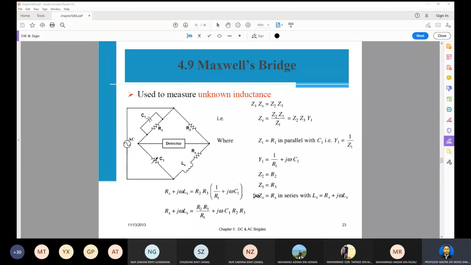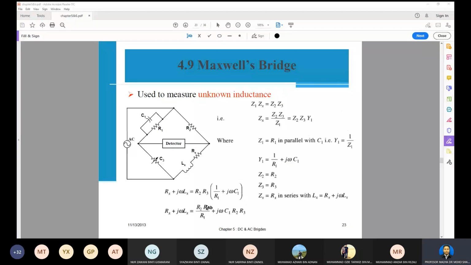We substitute all the values into this equation and then compare the real part and the imaginary part. That means the real part Rx equals R2 multiplied by R3 divided by R1.